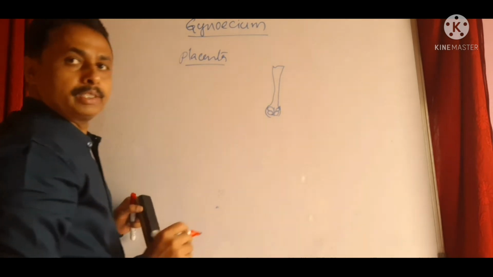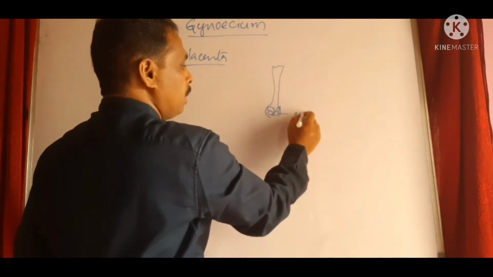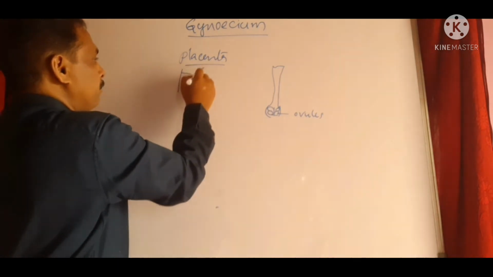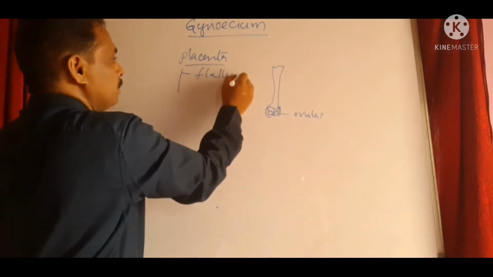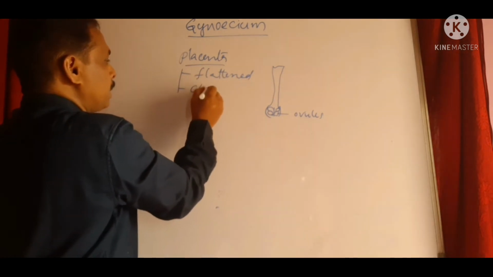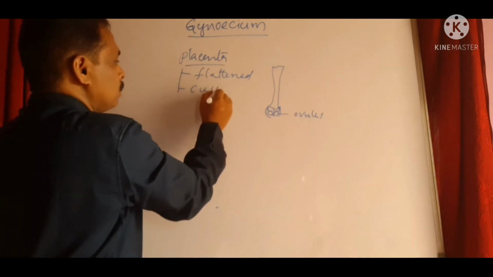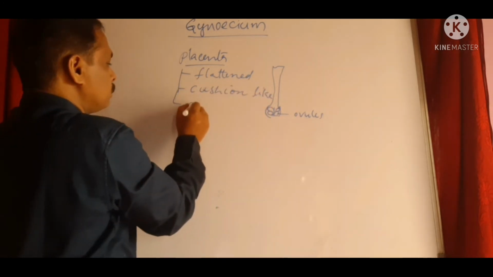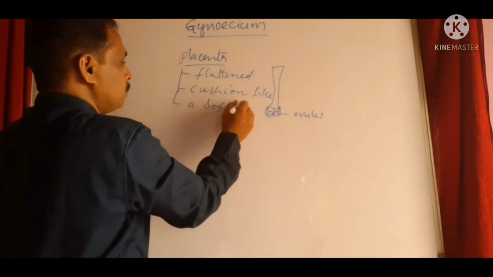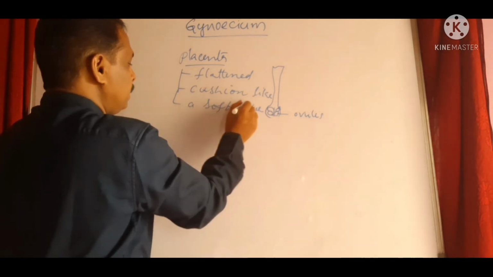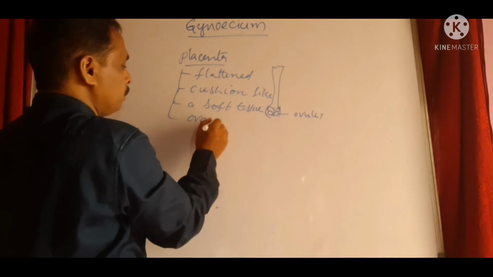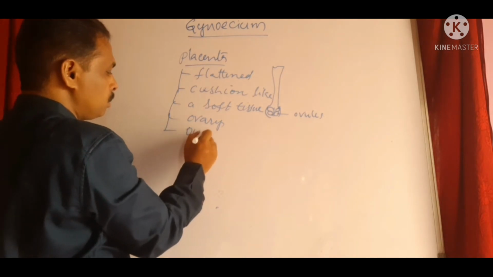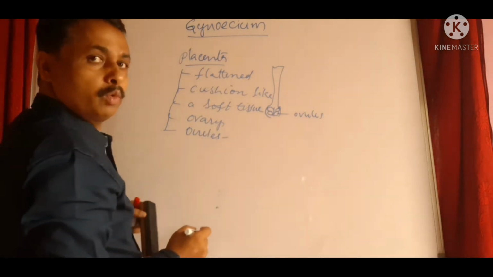So that cushion-like tissue where the ovules are attached is called a placenta. Placenta is a flattened, cushion-like, soft tissue present in the ovary, to which ovules are attached.